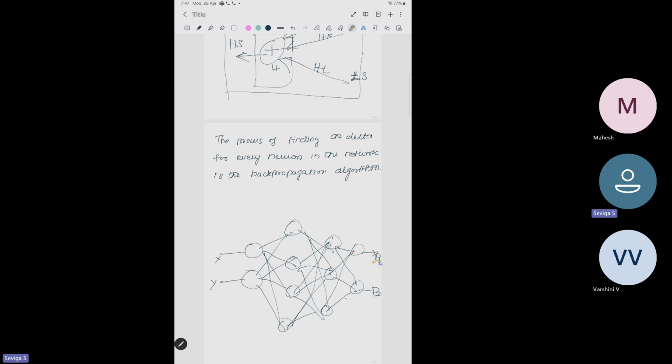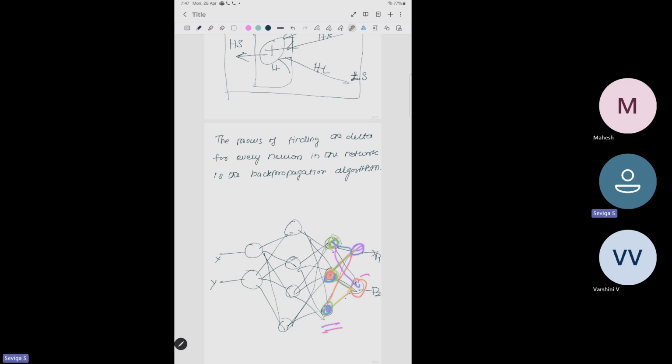After computing the error, we find the delta value for one of the neurons, then for the other neuron. Using these two delta values, P1 delta and P2 delta, we compute the delta values for the neurons of the previous layer.